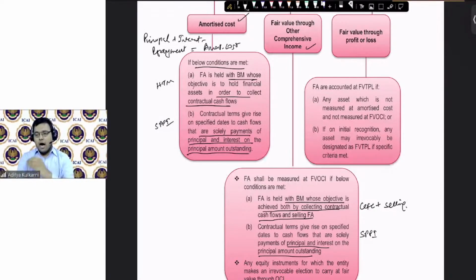Yes. So identifying whether it is a financial instrument, identifying whether it is a financial asset, identifying what is going to be the business model, whether the SPPI test is followed, what is the business model test. After all these steps, you will come to the decision on accounting that it could either be amortized cost or it could be FVTOCI. Is it okay?